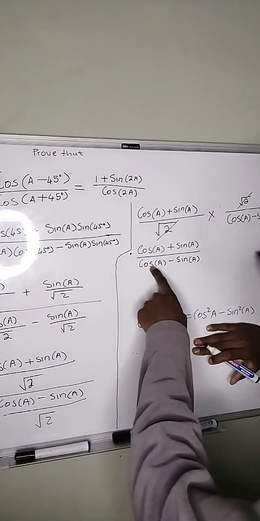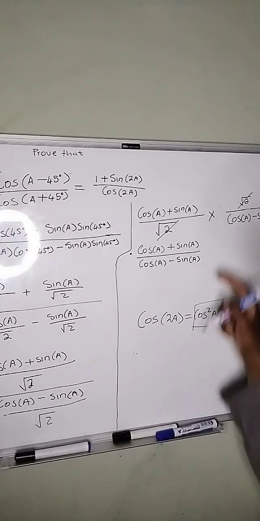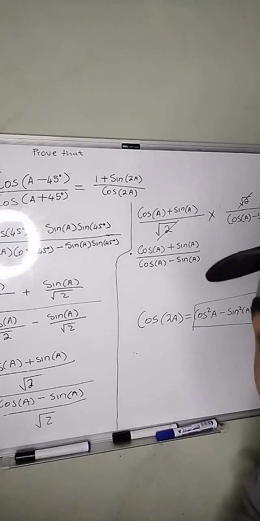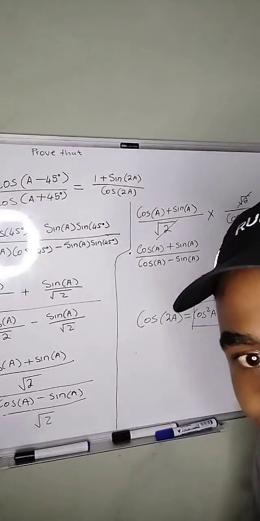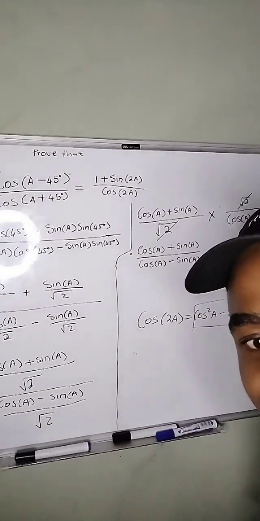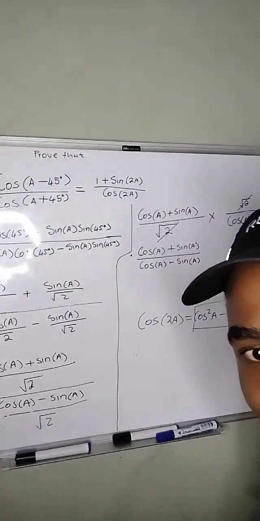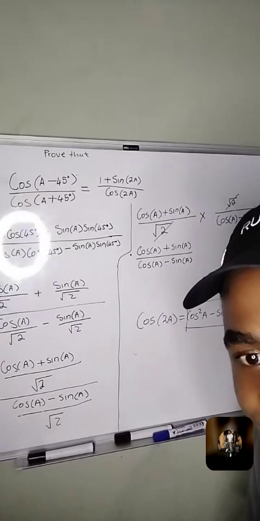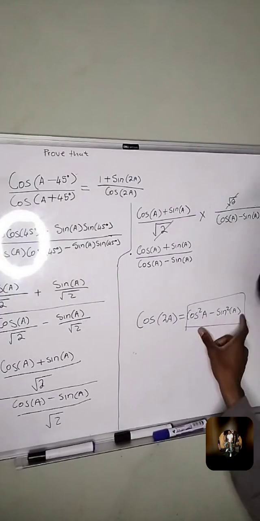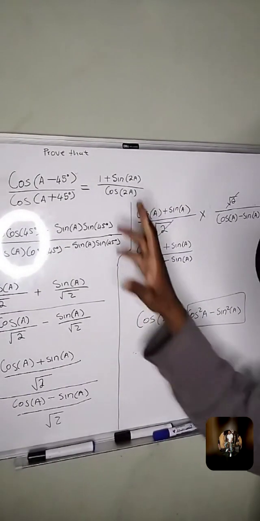If I multiply this with its conjugate, I'm going to get this. But I'm not sure what I'm going to get on the numerator.